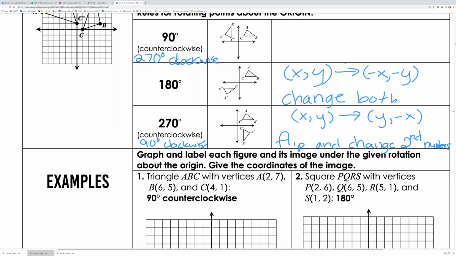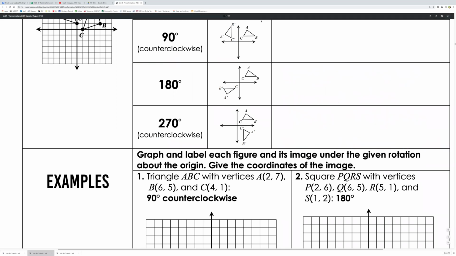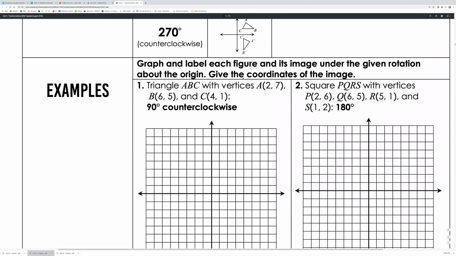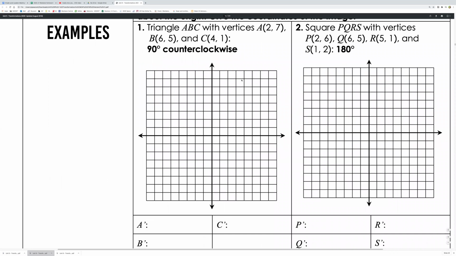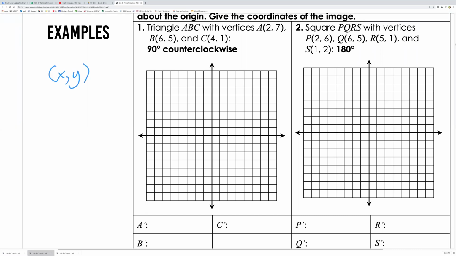All right, let's go ahead and get started. So this one says a 90-degree counterclockwise rotation. So we are going to be doing this, x comma y, to negative y comma x.